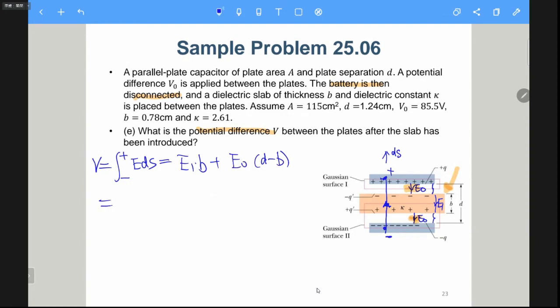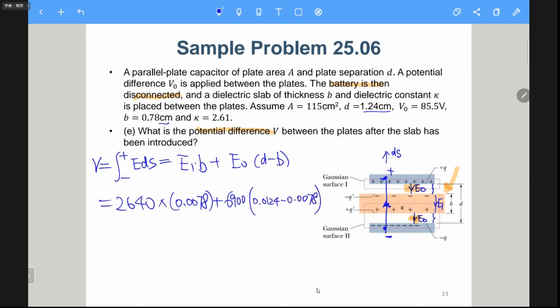So what we have calculated is that E1 is 2640 times b, which is 0.0078. Careful, this is centimeter, so 0.0078, plus 6900 times, and this one is 0.0124 minus 0.0078.